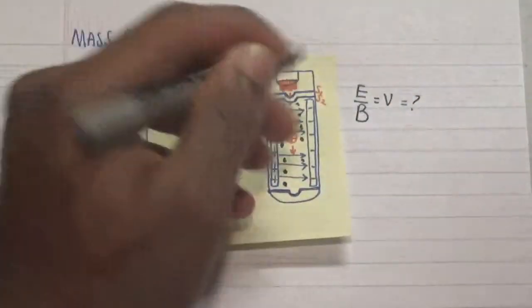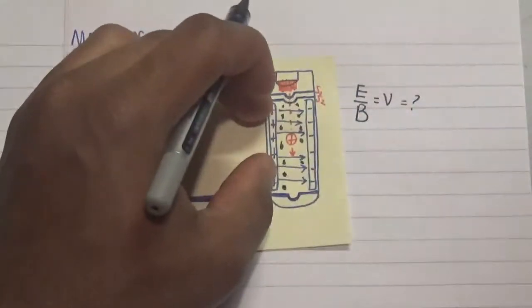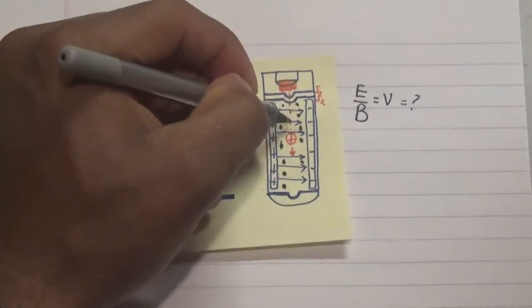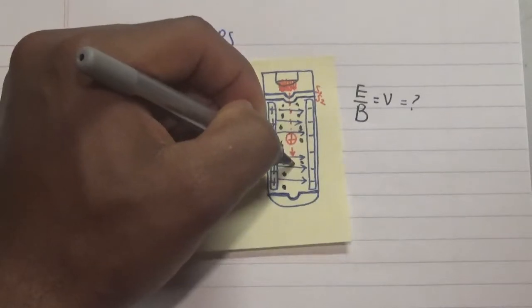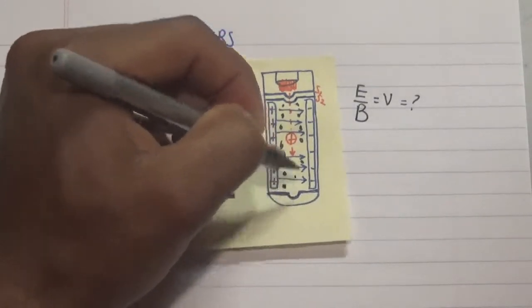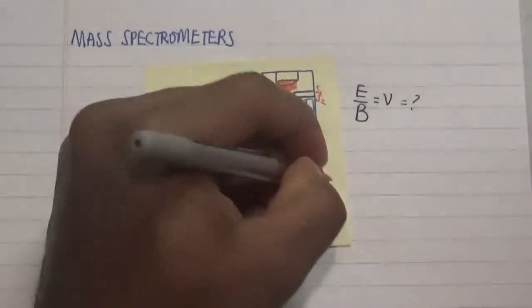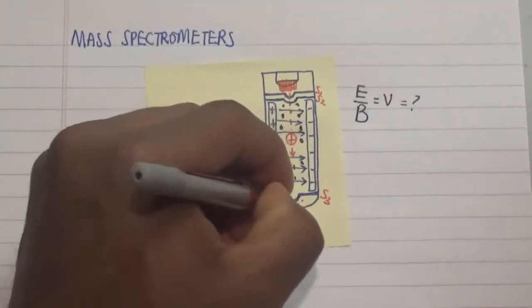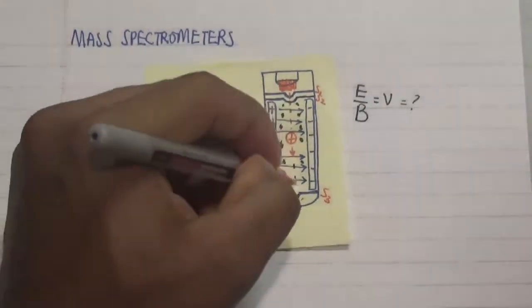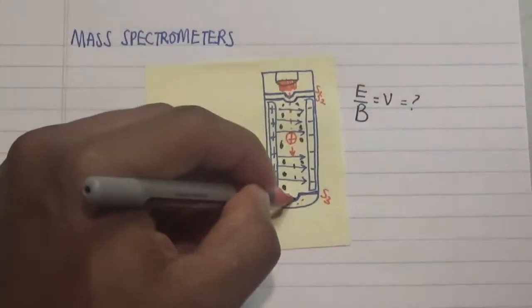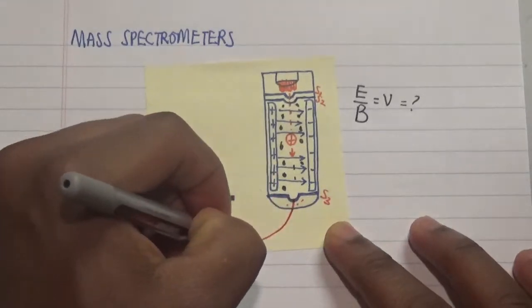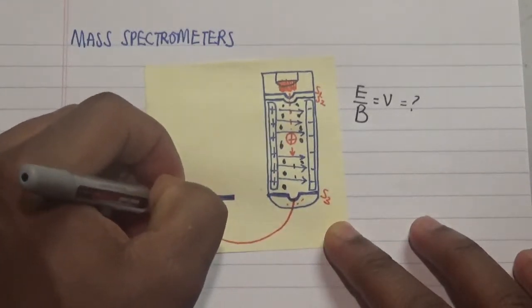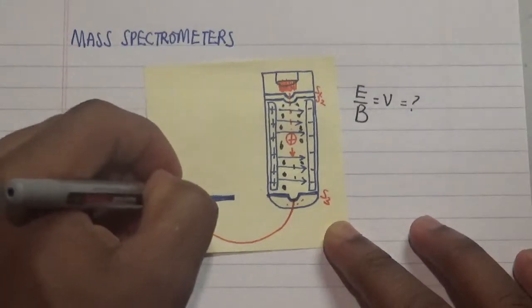Once we determine the ratio, we can calibrate this system in such a way that we allow a specific positively charged ion to make it through this region all the way to our third slit. What happens next is that once it makes it to the third slit, this positively charged ion makes it out and forms a semicircle, or an arc, into our detector over here.